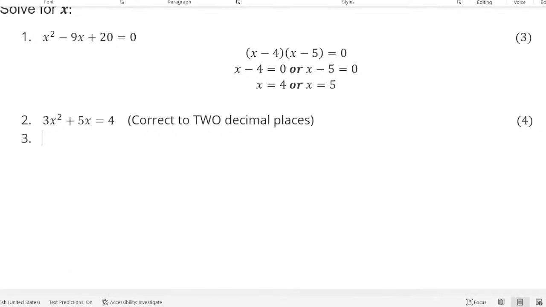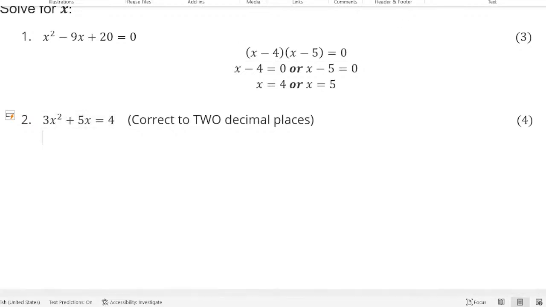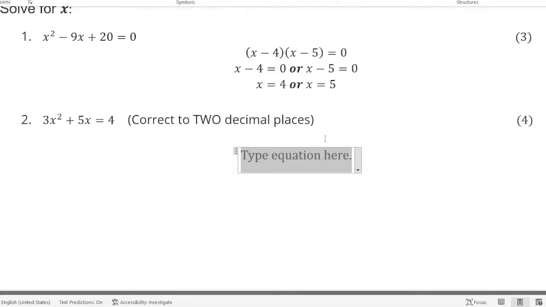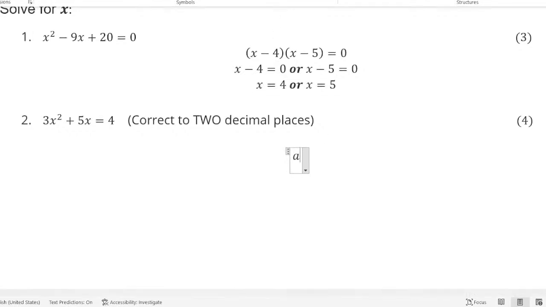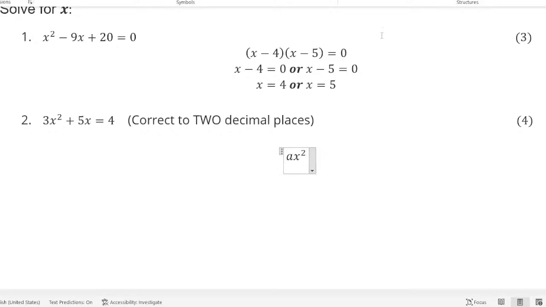So here, first, remember it says 3x squared plus 5x is equal to 4. So when you are solving a quadratic equation, you must make sure that your equation is in the form of ax squared plus bx plus c is equal to 0.